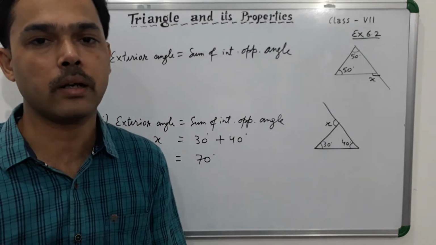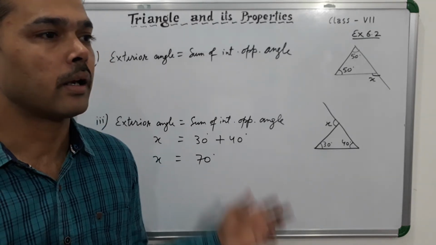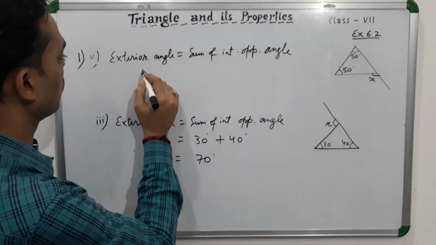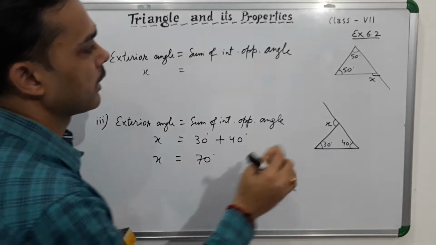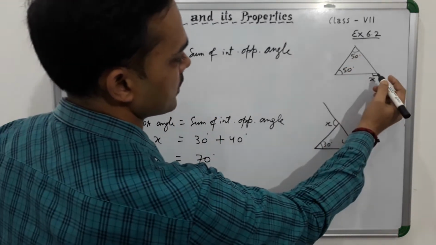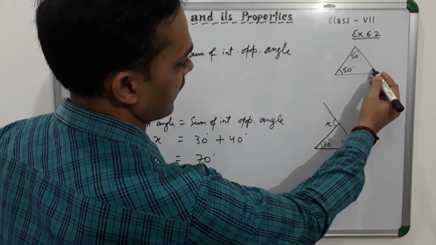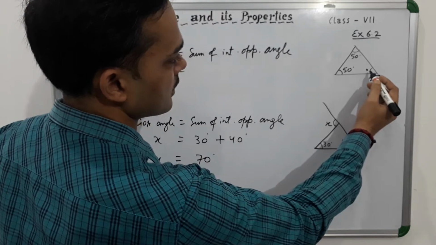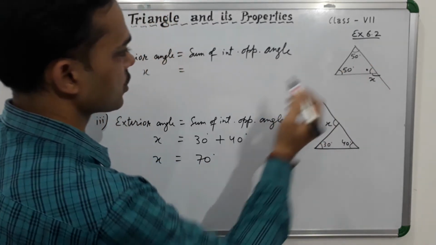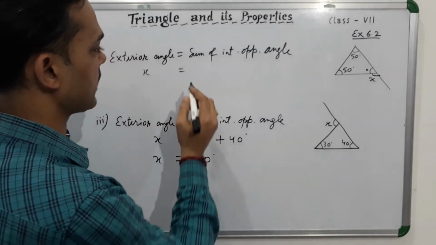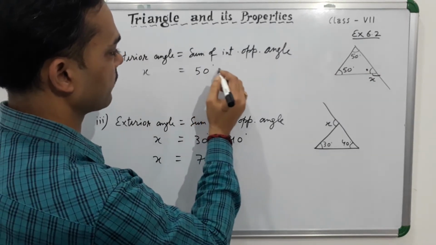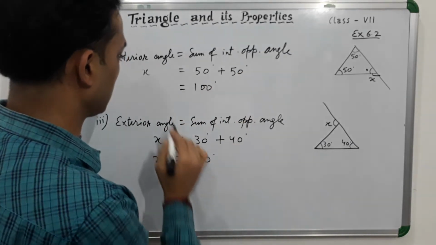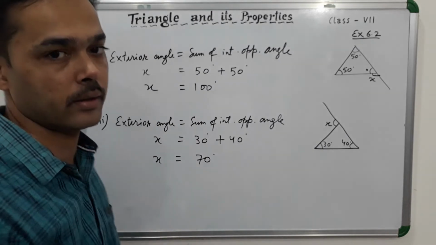As we did the first and third parts, in the same manner we will do this also. The exterior angle is x, and the interior opposite angles are, because the adjacent angle of this exterior angle is this, the leftover angles apart from this are these two. So we write 50 degree plus 50 degree, and we find that the value of x is 100 degree.